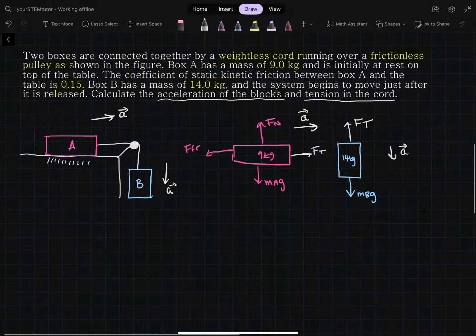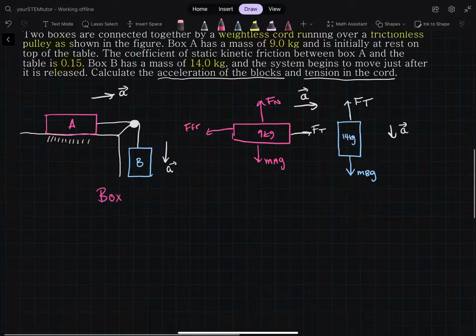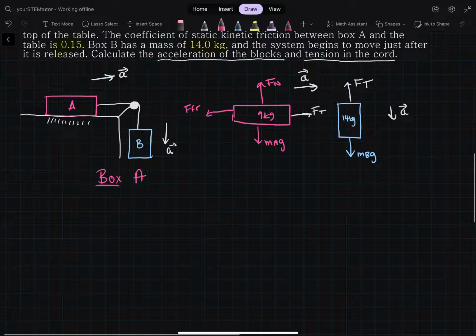So now that we have all that cleared up, we can start looking at it from a more mathematical standpoint. If we start with block A, or box A, I keep calling them blocks, but I think they refer to them as boxes, we find that the sum of forces on the x-axis is equal to, first, the force tension, because the force tension is positive, going in the same direction as the acceleration.